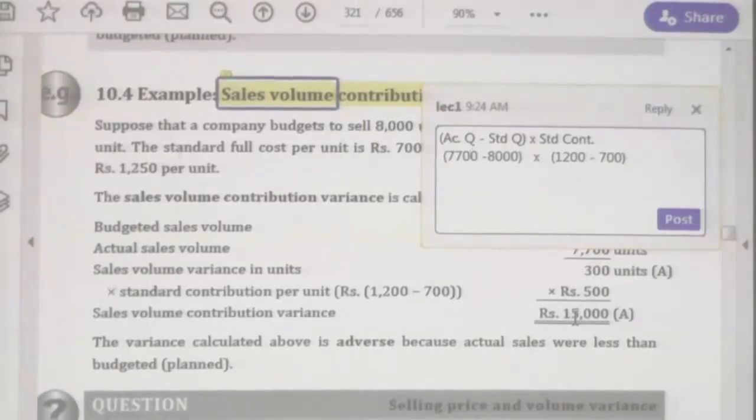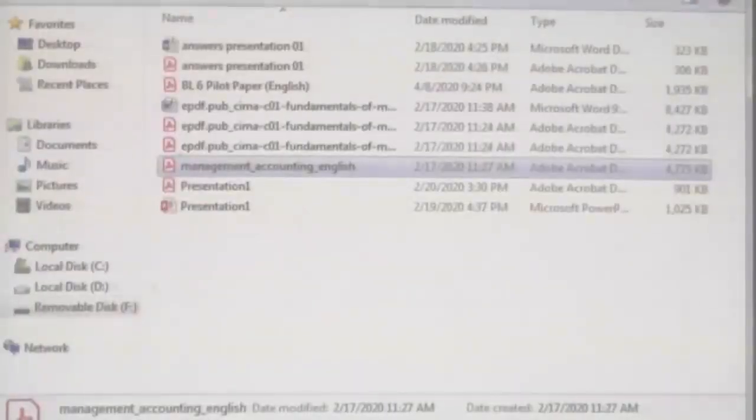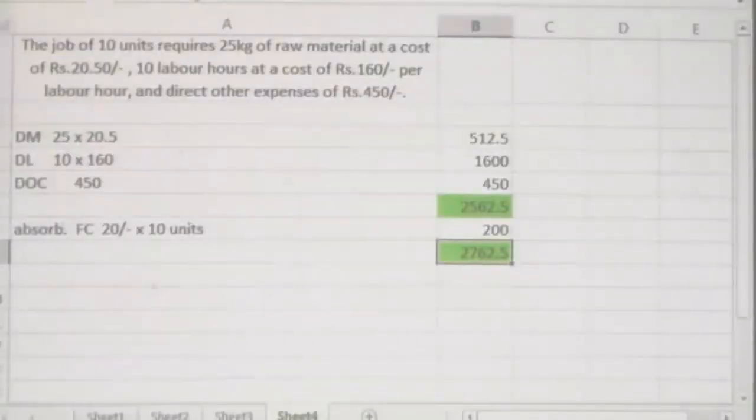Based on this knowledge, now we can summarize the sales variance. The computation of sales variance I will explain using a separate sheet.